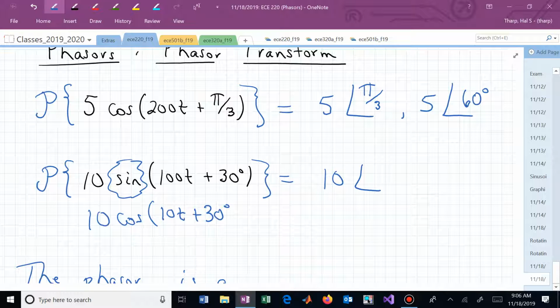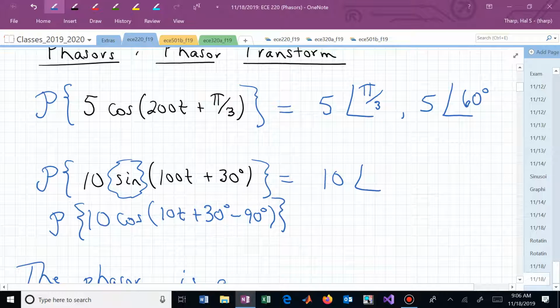The sine is behind the cosine, or lags the cosine by 90 degrees. We can now convert that sine into a cosine, do the Phasor transform on the cosine, and now we can obtain the correct answer. Or we could have written that as minus pi over 3.